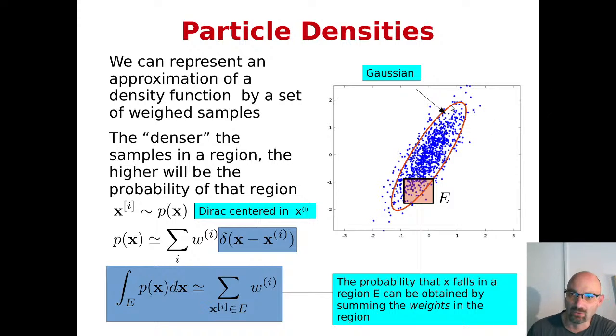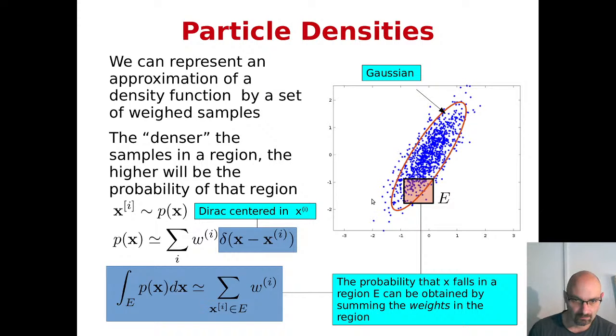Imagine that this is a 2D Gaussian. We could represent this 2D Gaussian either by its parameters, like mean and covariance matrix, or through a set of samples drawn from the Gaussian, and you can see here how they are placed. Likely I will have more samples at the center of the distribution and fewer samples in the tails, but this is more or less what I expect.